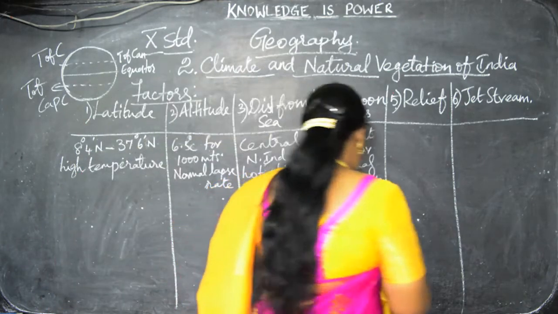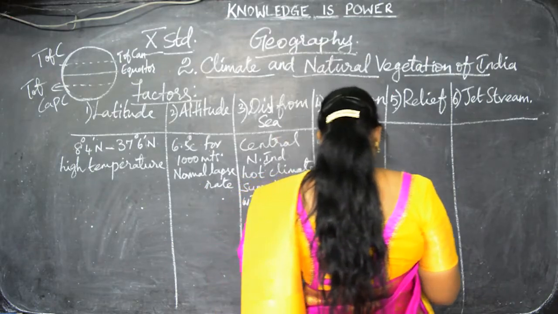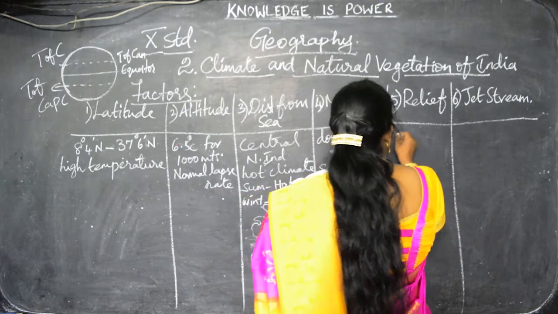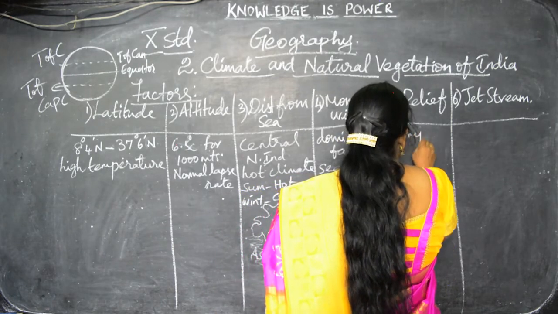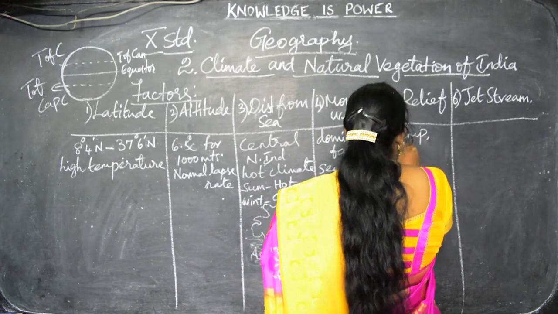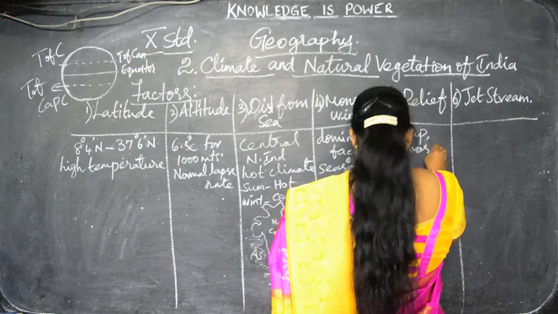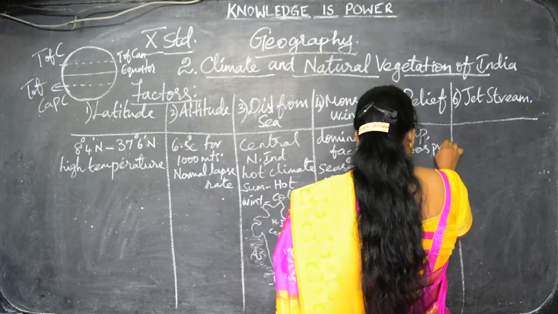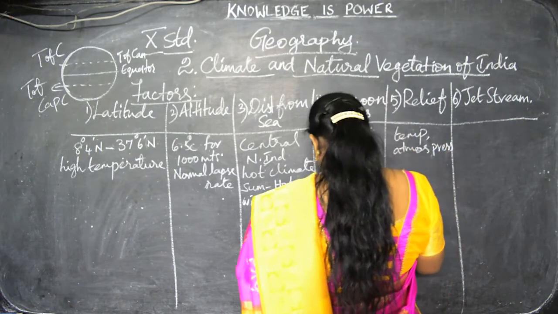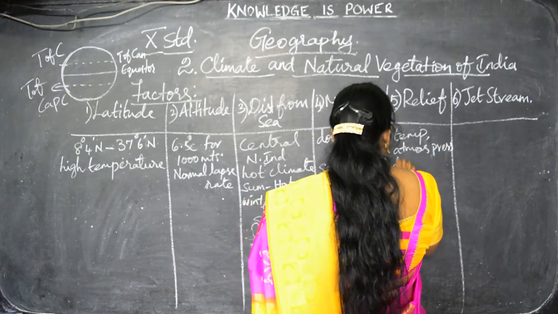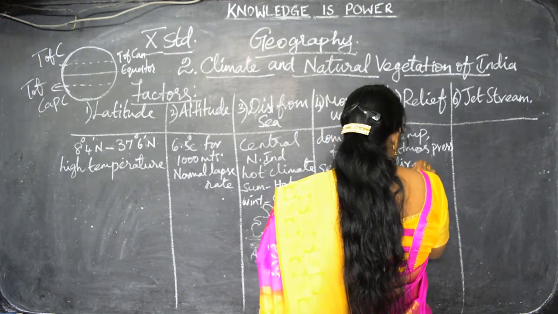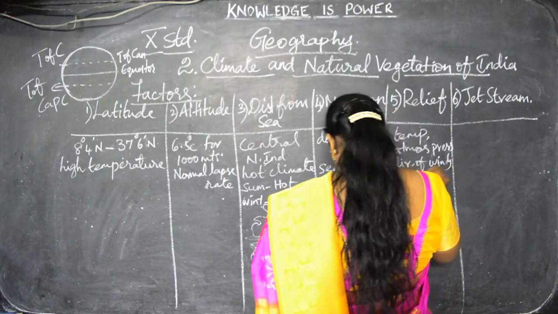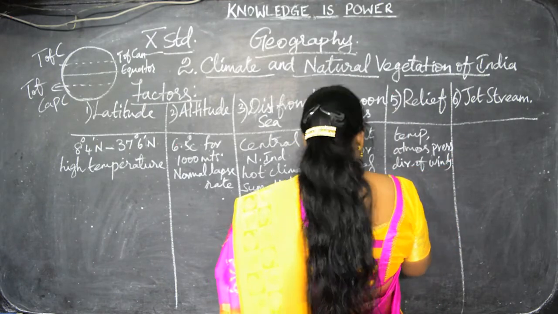Another one, next one is relief of India. The elements of relief for India are temperature, atmospheric pressure, direction of winds and rainfall.